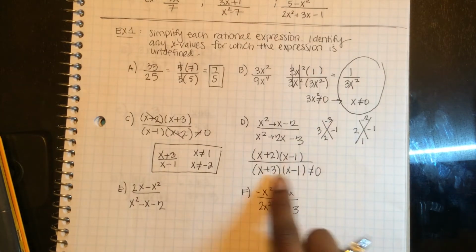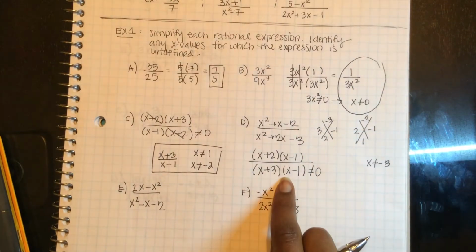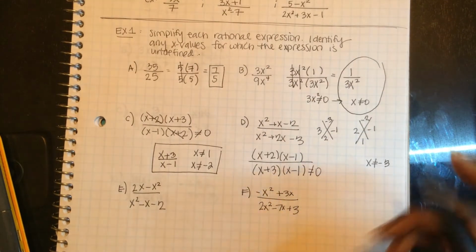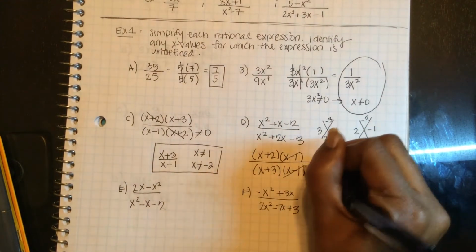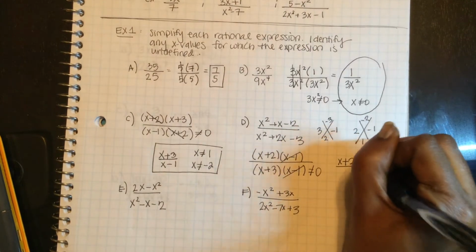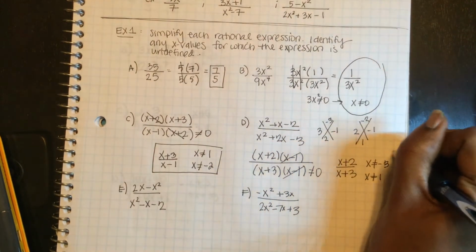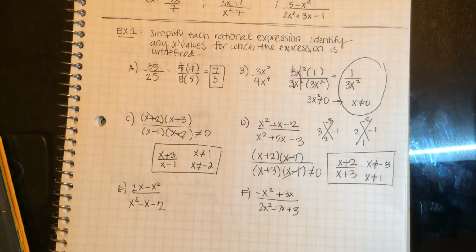So if x plus 3 cannot equal 0, x cannot equal -3. If x minus 1 cannot equal 0, x cannot equal 1. Now I can cancel out my greatest common factors, and it simplifies to be x plus 2 over x plus 3, with these restrictions for when x is undefined.